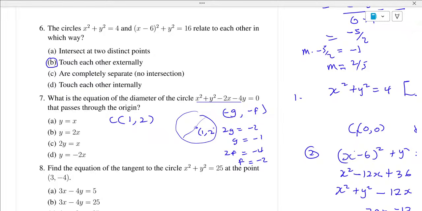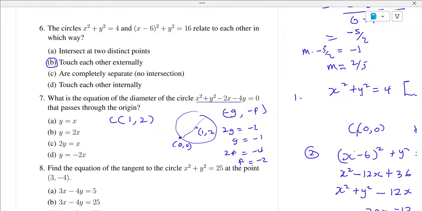Now we can calculate the slope of this particular line. The diameter must pass through the origin and then the center. The circle x squared plus y squared minus 2x minus 4y passes through the origin, so one of the points on the circle is (0, 0).